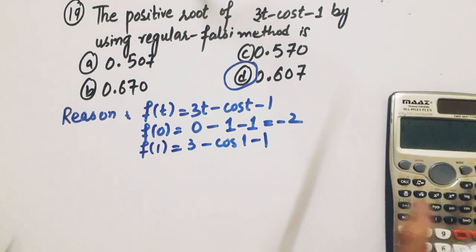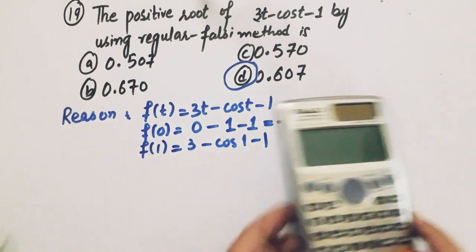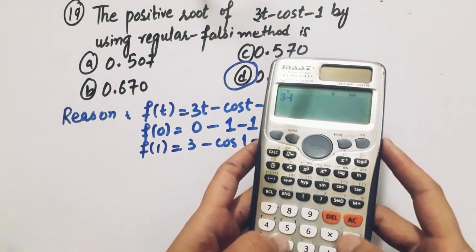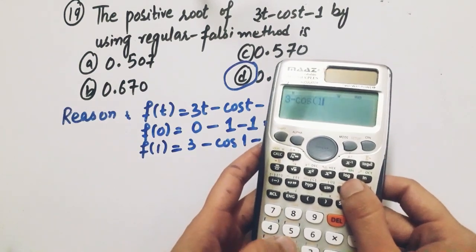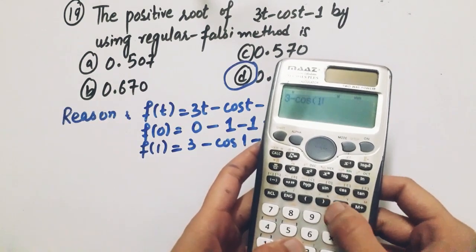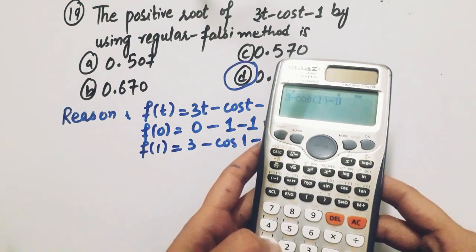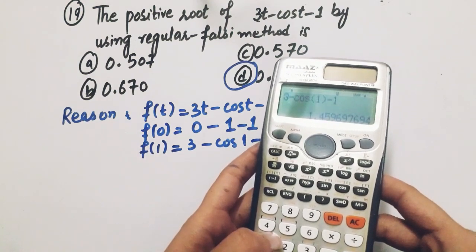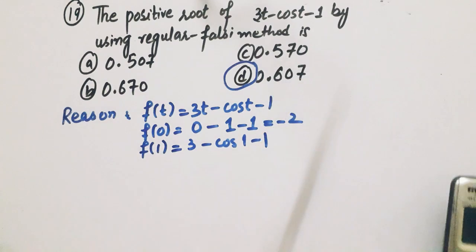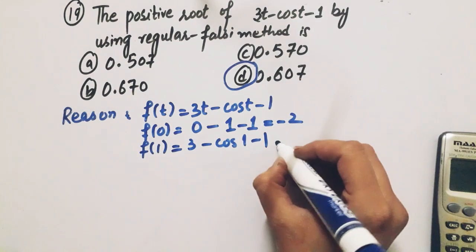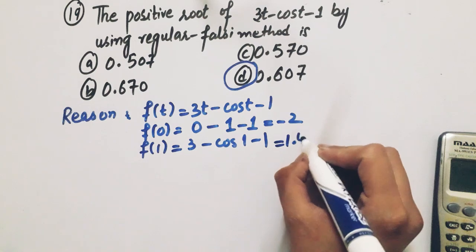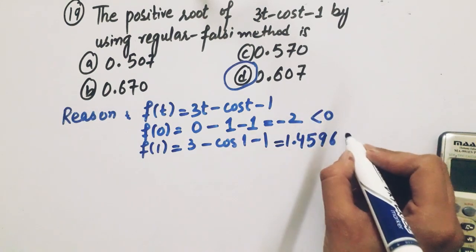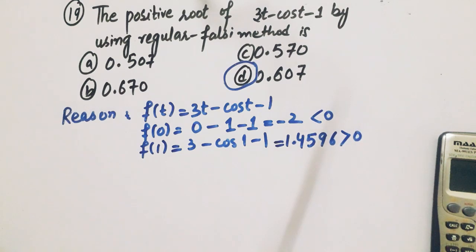With the help of a calculator you will find the value, which is 1.4596. So f of 0 is less than 0 and f of 1 is greater than 0.